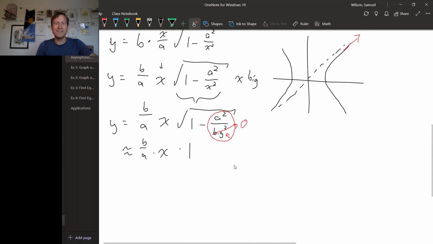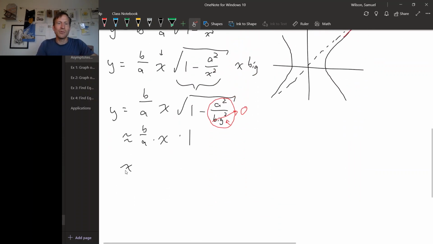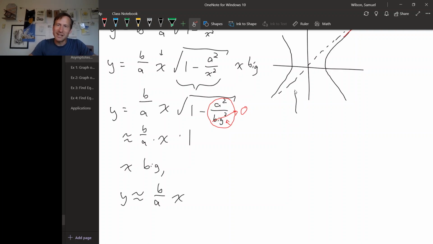Okay, so what this is telling us is that when x is big, your y-coordinate on the hyperbola is approximately b over a times x. But that means that this line right here has the equation y equals b over a times x.